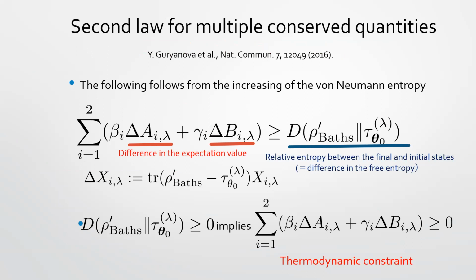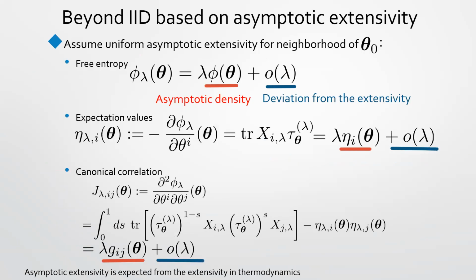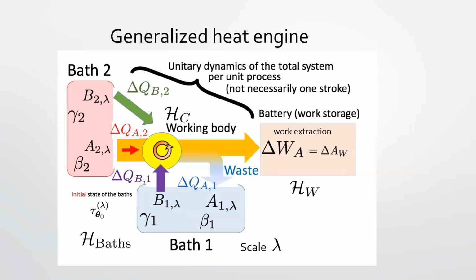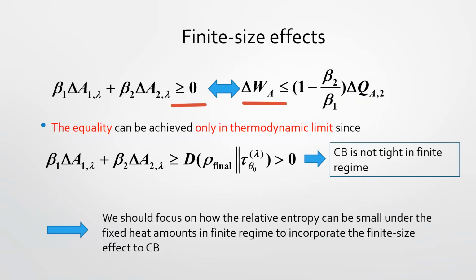So in which sense exactly do you say that that inequality is not tight in the finite size case? Of course, in the finite size case, this is not tight. We have this upper bound, but this inequality is not tight in general.